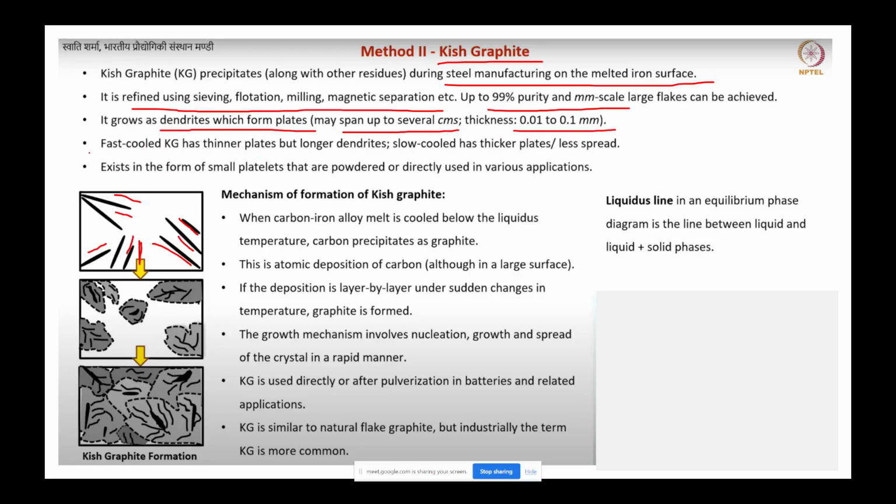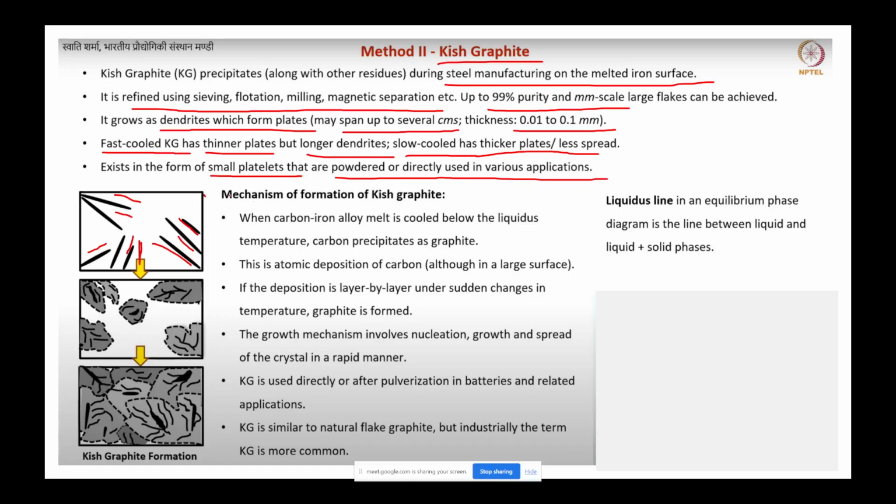So it is quite big in size, and fast cooled Kish graphite has thinner plates. If you do fast cooling, the plates will be thinner but with longer dendrites. The thickness will reduce, but the size will be longer. If you do slow cooling, it has thicker plates. They will be thick, but the length will be smaller. They exist in the form of small platelets that are powdered or directly used in various applications.